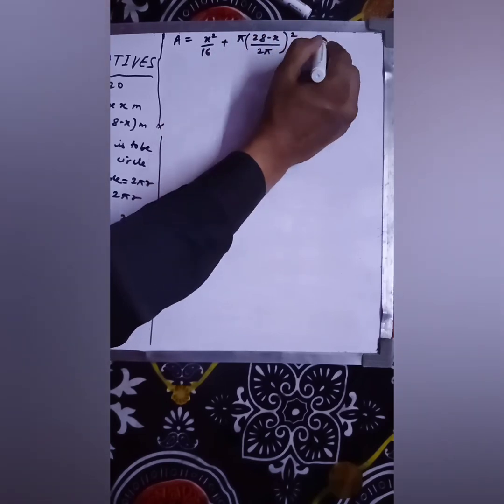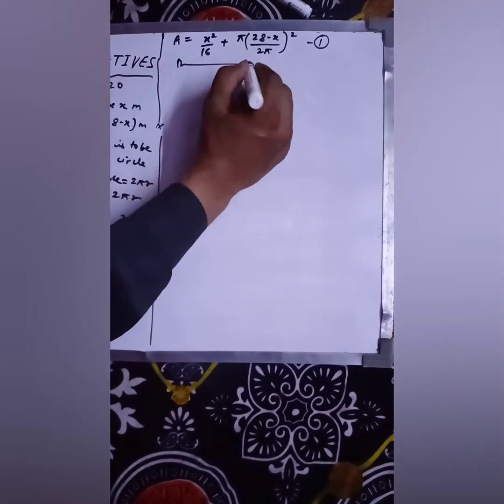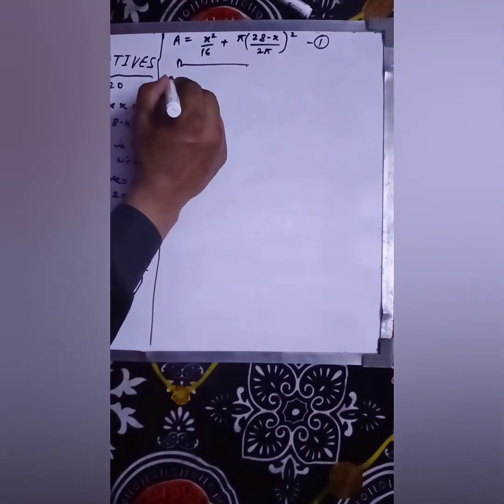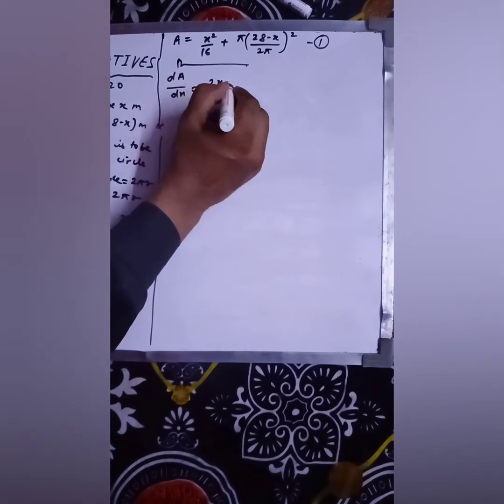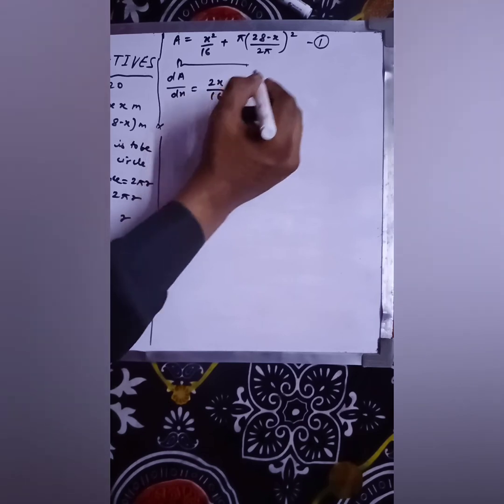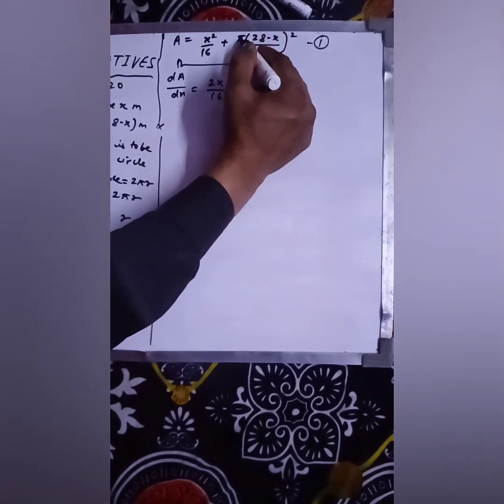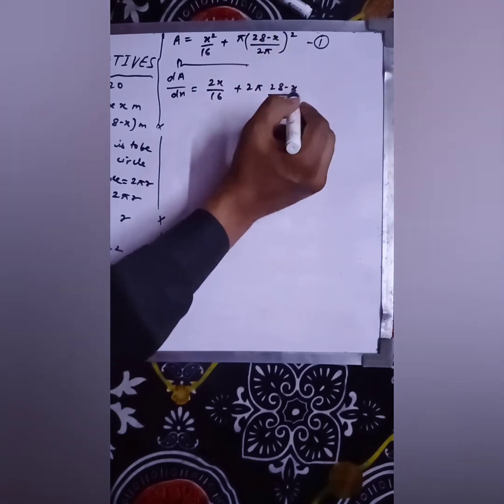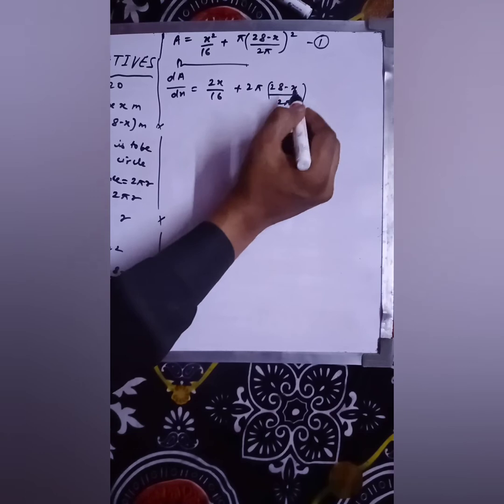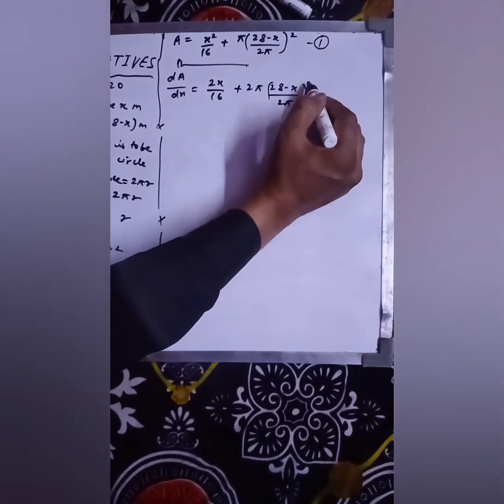This is your equation number 1. Now I'm differentiating both sides with respect to x, because here the variable is x. So dA by dx is equal to 2x upon 16 plus, the power 2 will come in front, that is 2 pi, and the power will remain 1 because 2 minus 1 is 1. So I'm not showing the power 1 here.